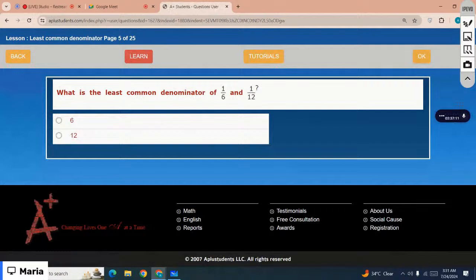So, which is the correct option? Yes, the least common denominator is 12. The correct option is 12.